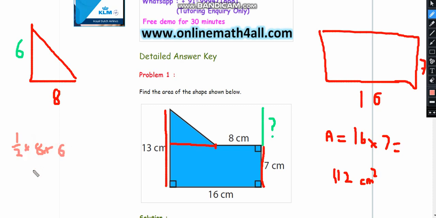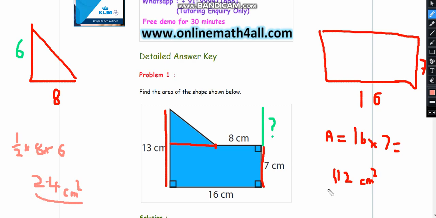So half times 8 is 4, 4 times 6 is 24. So that there is 24 centimeters squared, and then we need to add them together.